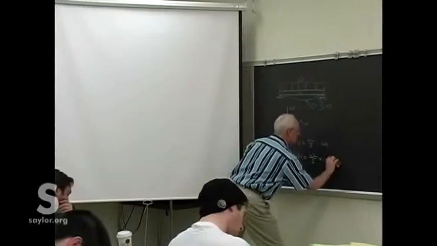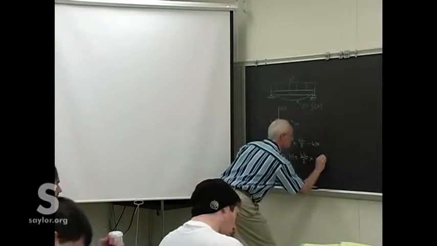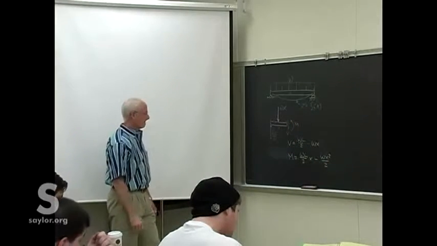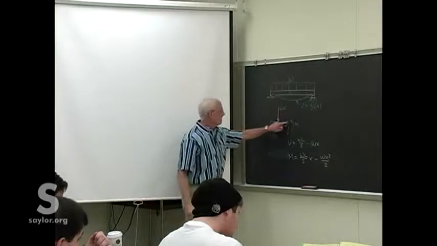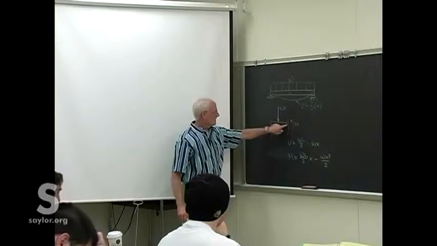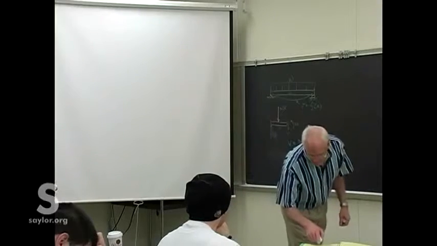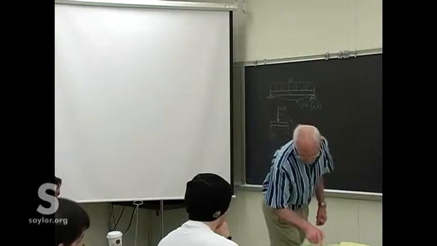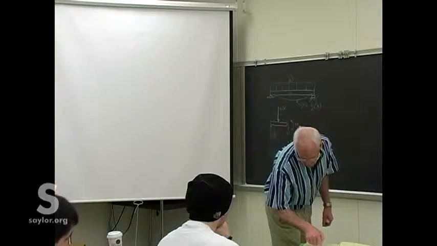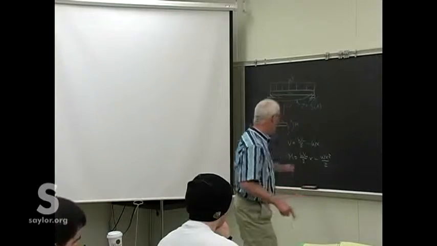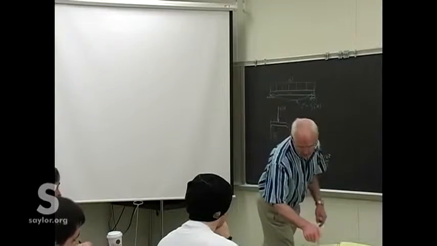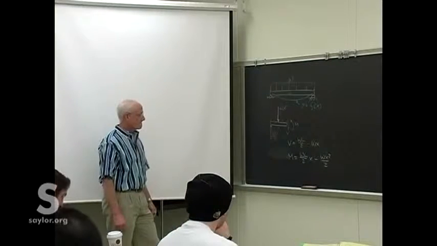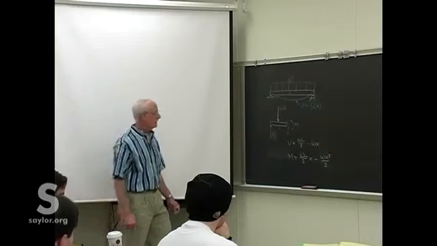So that's Wx squared over 2. That's the moment due to this taken about that point. So I think that should be okay. Yeah, 1/2 WLX minus WX squared over 2. Yeah, so that's okay. That all right, everybody? Okay with that one?